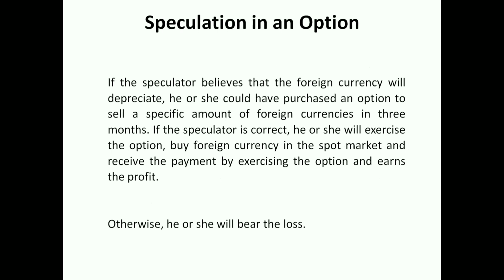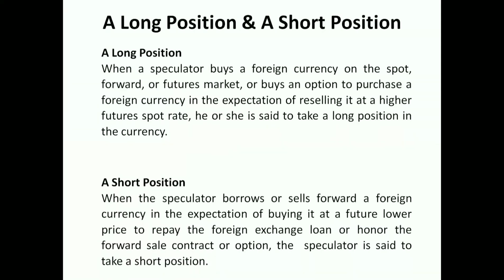Speculation in the option market can also anticipate and can exercise the option, buy foreign currency in the spot market, receive the payment by exercising the option and earn the profit. When a speculator is taking a long position, the speculator is buying today this foreign currency from the spot market, forward market, or a futures market or any market, and he is having the expectation of reselling it at a higher future spot rate.